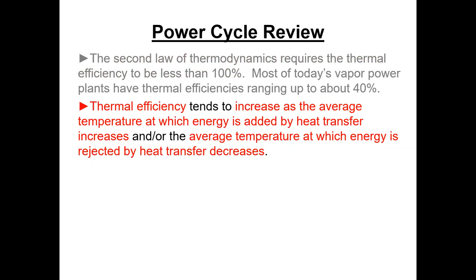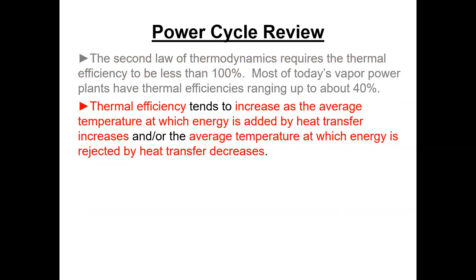Okay, so there's a couple of paragraphs here that really are important, and this is one of the key bits of information that we're going to be talking about for the rest of these slides. It really underpins all this Rankine cycle discussion. Thermal efficiency tends to increase as the average temperature at which energy is added by heat transfer increases.